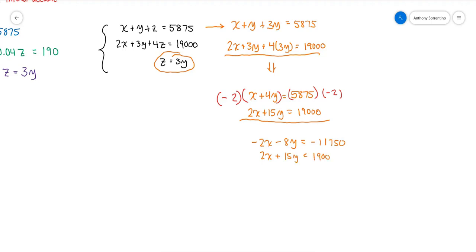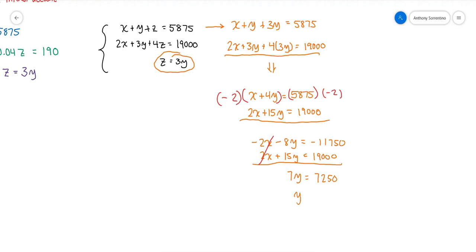with my methodology. Again, if you chose to go different routes, that's fine. Just sometimes you might give yourself more computations to do as a result. So when I add the two equations together, the x's do in fact cancel out. That's what I wanted them to do anyway. When I add these two together, I get 7y. And this here, I get 7,250.